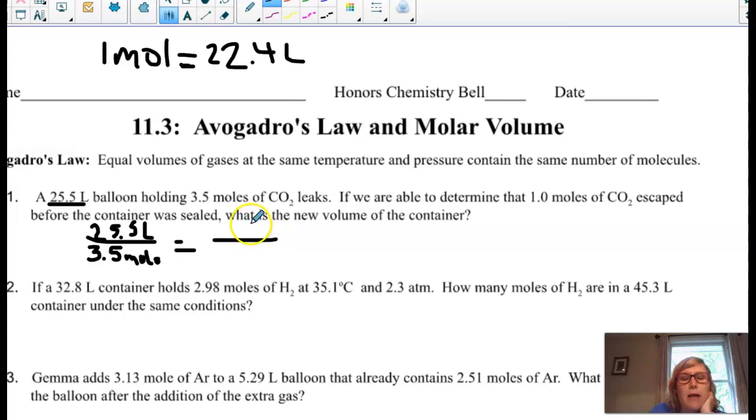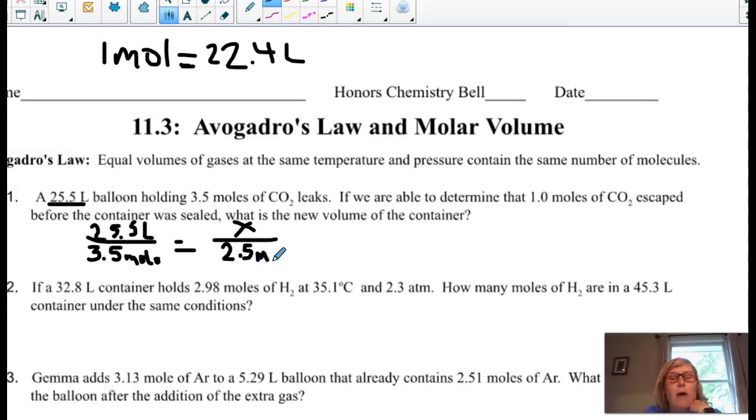I'm going to put an X for the new volume. If 1 mole of CO2 escaped, then I have 2.5 moles right here.